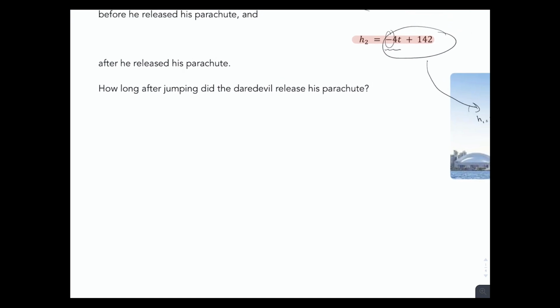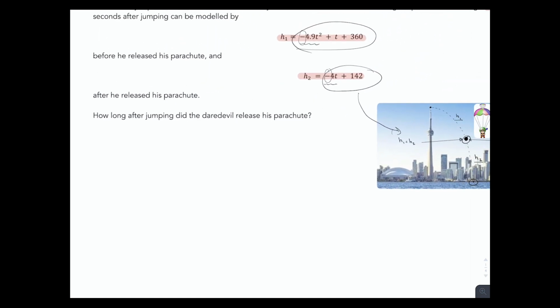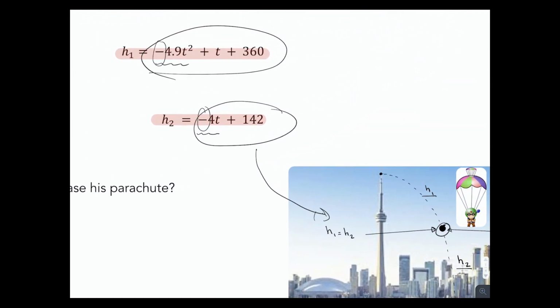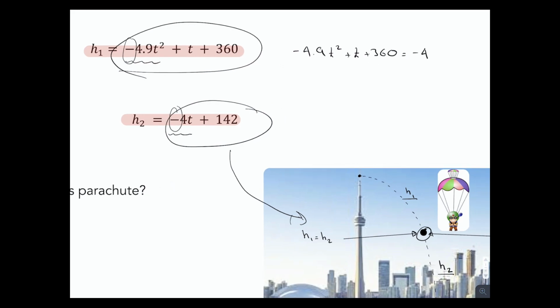I'm going to copy this formula here. So I'm going to have negative 4.9t squared plus t plus 360 equals negative 4t plus 142, copying h2.